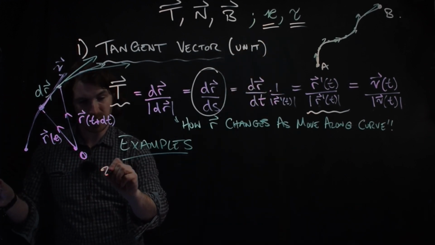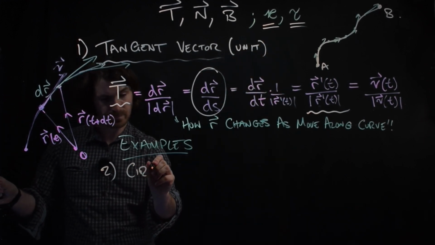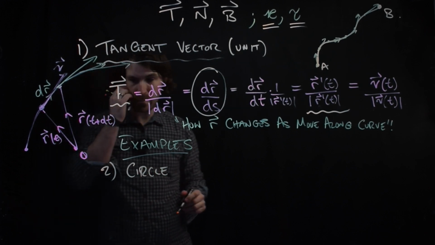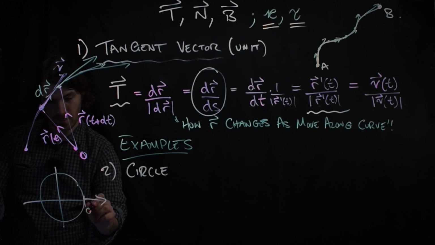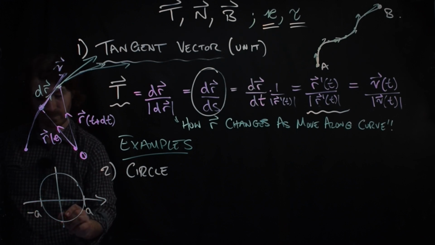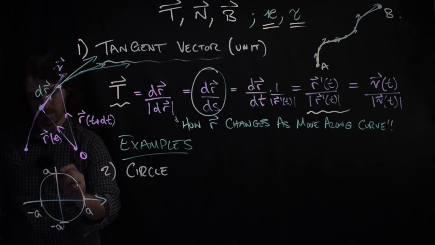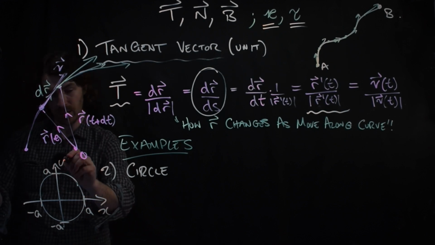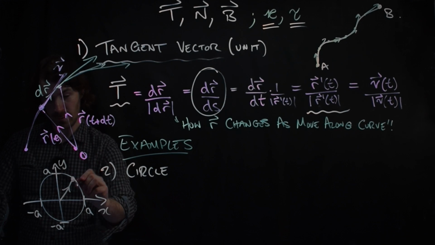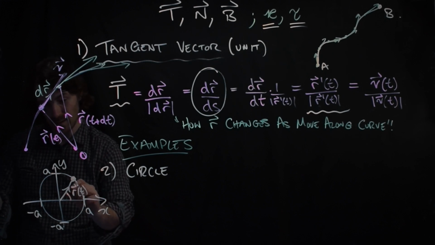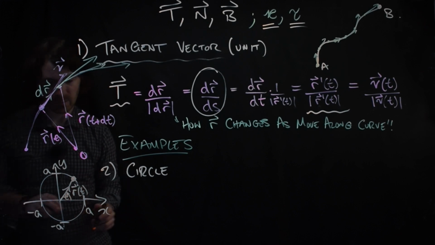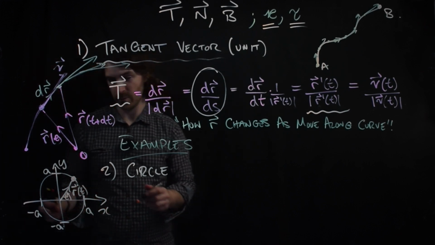Let's look at a second example. Let's think about the circle. Remember we have our circle of radius a, with x and y axes, and this r of t is the point on the circle, and this t is the angle between the x axis and this coordinate r.